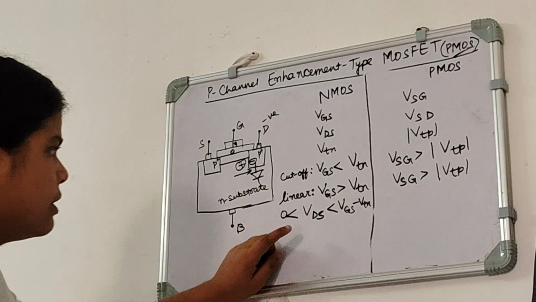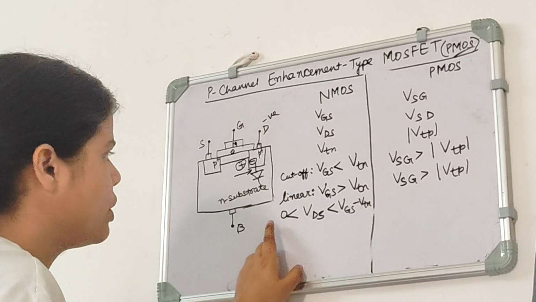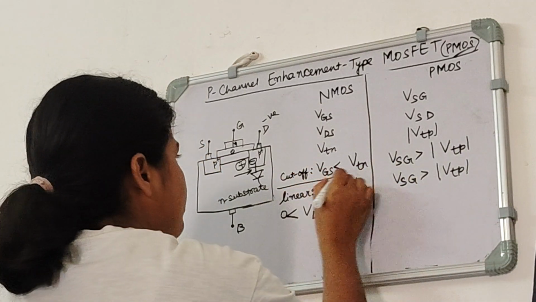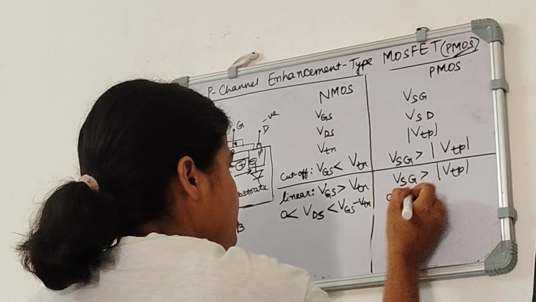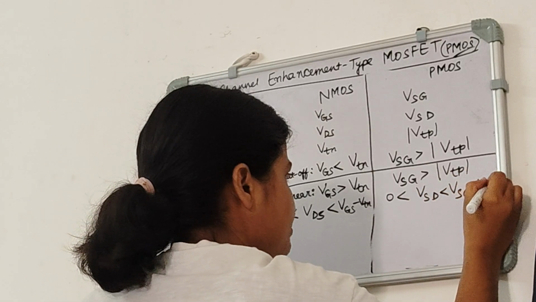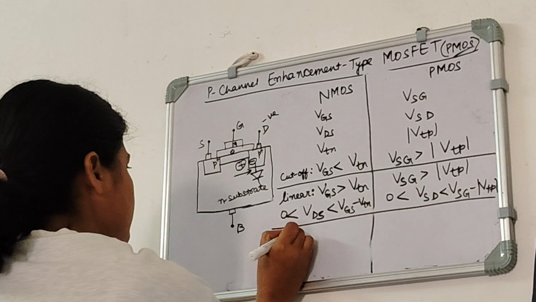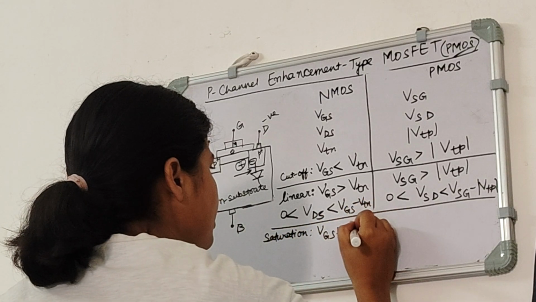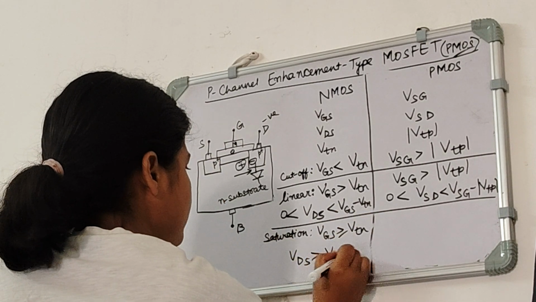So for the linear region, we had the condition for NMOS that VGS should be greater than VTN and VDS should lie between 0 and VGS minus VTN. For PMOS, we will have the condition that VSG should be greater than mod of VTP, and VSD should lie between 0 and VSG minus mod of VTP. For the saturation region, VGS should be greater than or equal to VTN and VDS should be greater than or equal to VGS minus VTN.